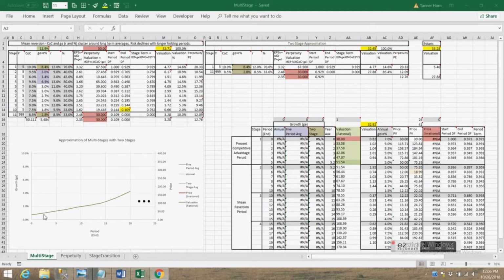From there, each point on the green line represents the rational price that's being expected in the market as time goes on. We're going through in this video how this number here is calculated, but 3292 is the valuation, the present value of future cash flows.